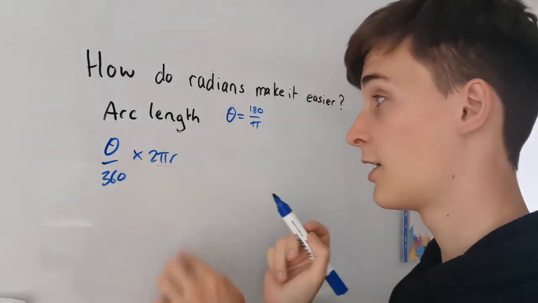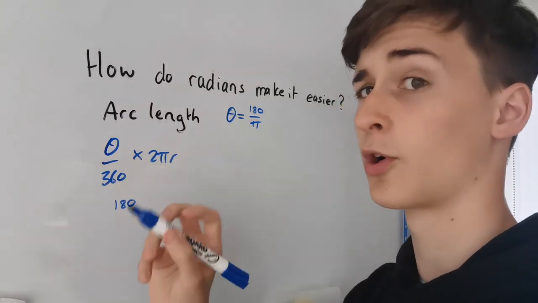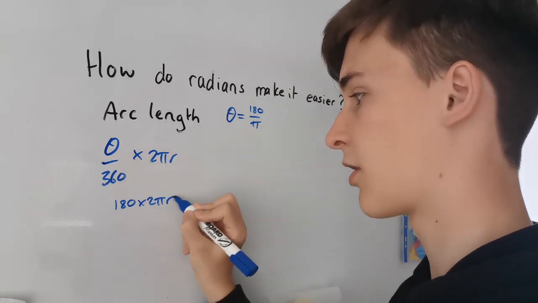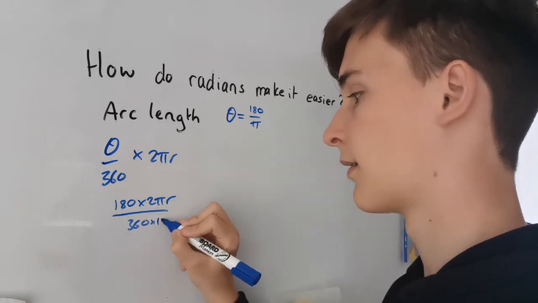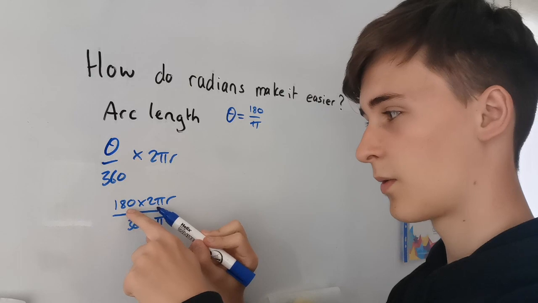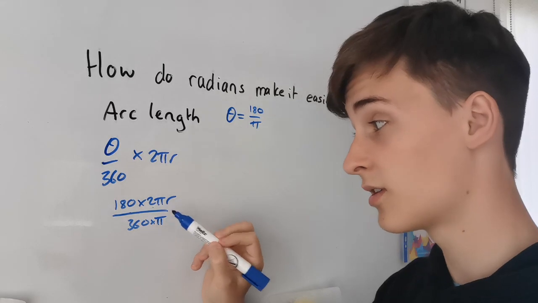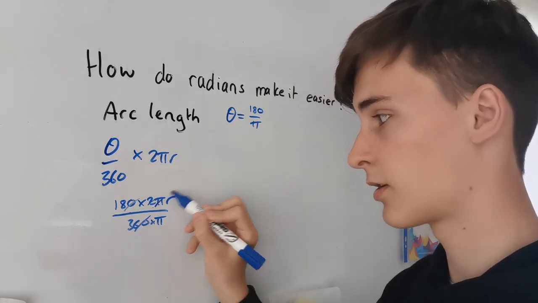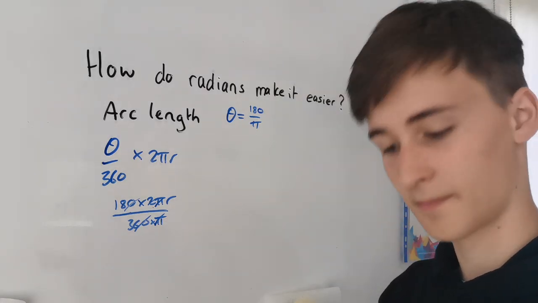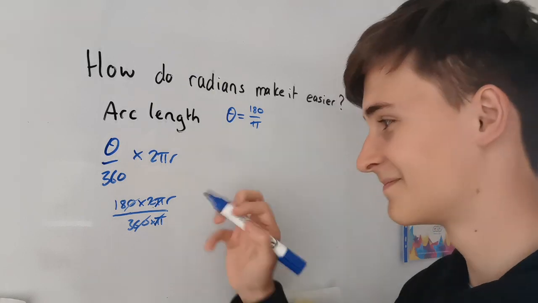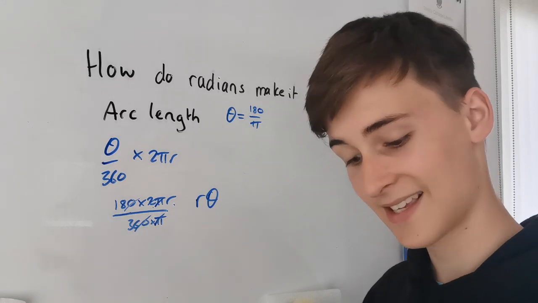What happens if we substitute that in? We multiply it all in one step: 180 times 2 pi r over 360, multiplied by pi. 180 times 2 already gives you 360. Pi gone. So our arc length is r theta. R is there, and we substitute in theta. R theta, as easy as that.